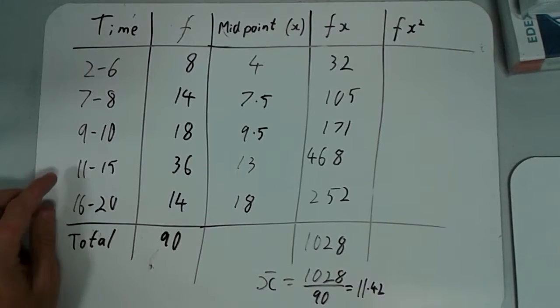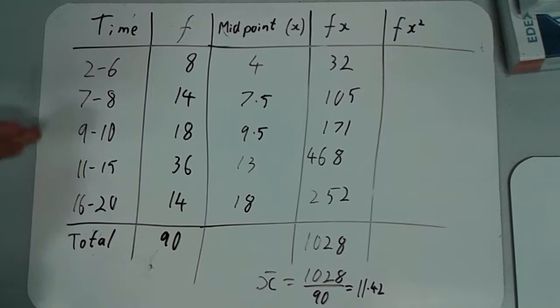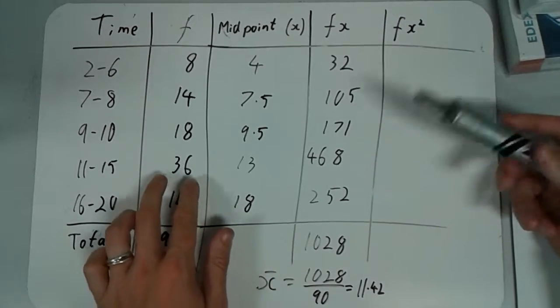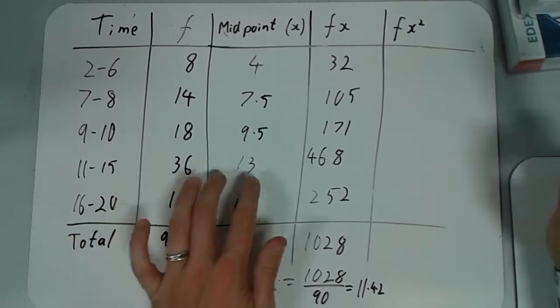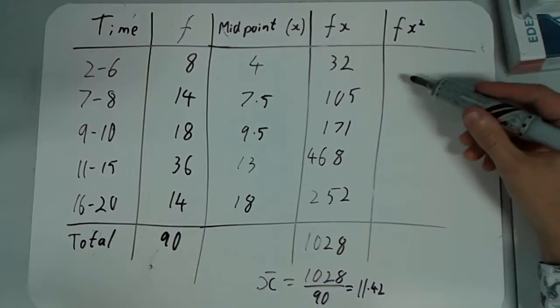Is that a reasonable number? Somewhere in this class, slightly towards the lower end of it, it feels reasonable. If you ever realise that that's not a reasonable number, just check those numbers, make sure that they all seem sensible. You may not know what 36 times 13 is, but you can roughly say, well, it should be about 40 times 10. That will allow you to spot any obvious errors.